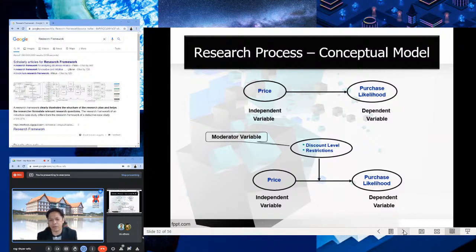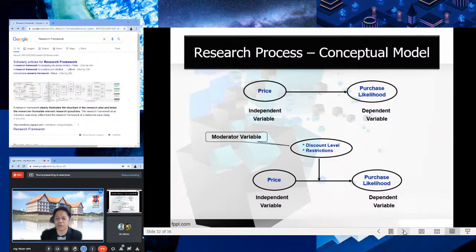Normally when students do research, when we do analysis, we need the conceptual model, which shows how we are going to analyze the data.